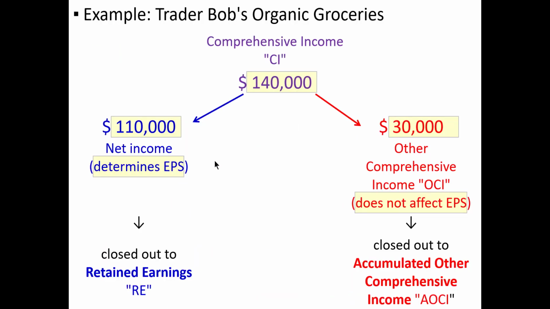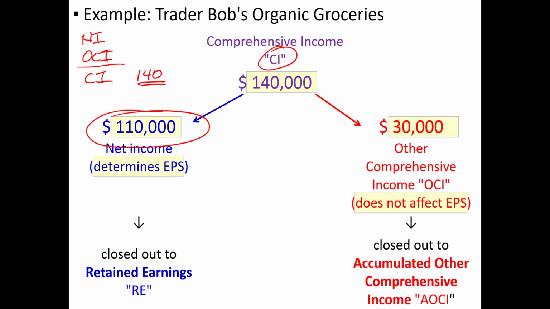So, example, Trader Bob. Trader Bob has total comprehensive income of 140. What does that mean? Well, it means it has after-tax net income, it has other comprehensive income, and it has the CI of 140. Okay? That's everything all in. But it doesn't want to confuse investors about what 140 means. So it says, look, core operations for the period after tax was 110.